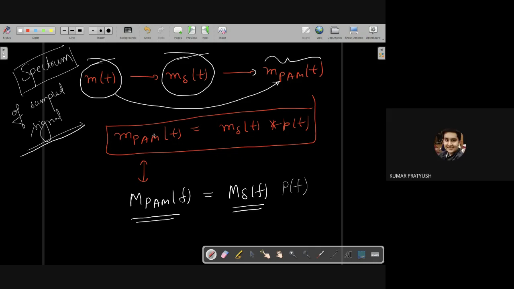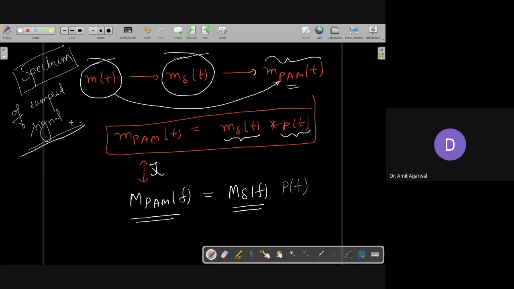Okay, great. So this is your PAM signal, you agree, right? The ideal sample signal convolved with your p(t). Yes, sir. So in frequency domain, why did I write it like this, why did I take all the pain to write our PAM signal as a convolution of your ideal sample signal with p(t)?